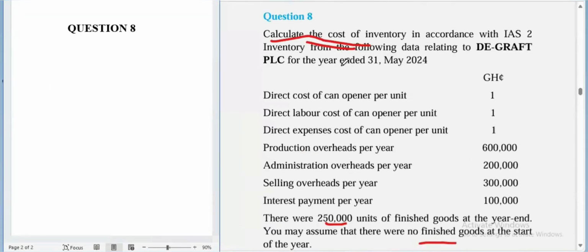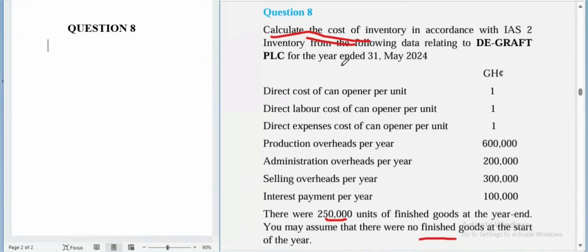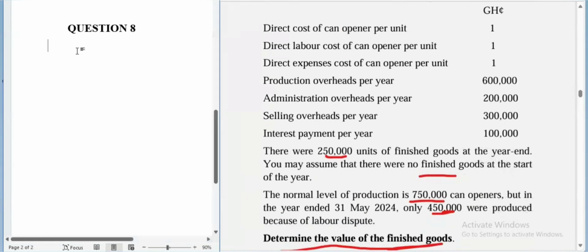So let's start. We are producing the inventory and manufacturing, so what goes into the cost? The first one is the direct cost of can opener. That's direct material. So we have direct material cost of 1 CD.